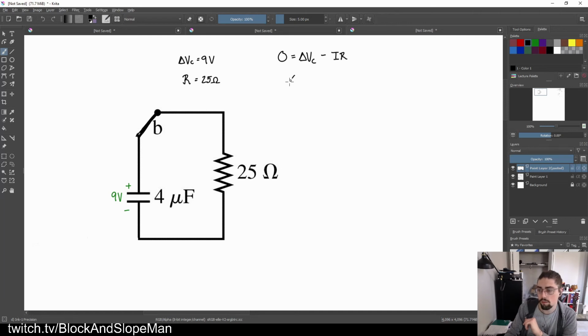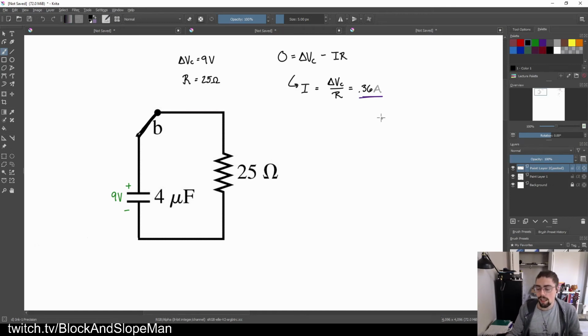That means our current, ΔV_C divided by R, is 0.36 amps. Whoops. And what I'm doing for today, because I think there's a little bit of confusion with some of these equations, I'm doing my units in a light gray, just so we know that it's not a variable, it's a unit. 0.36 amps.